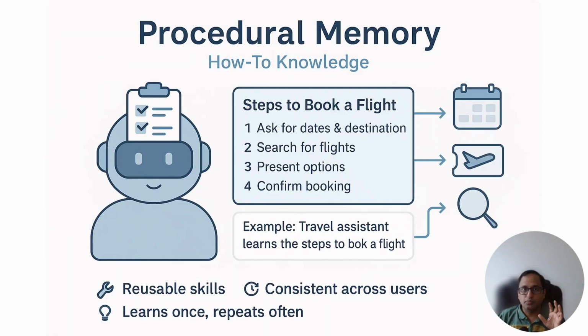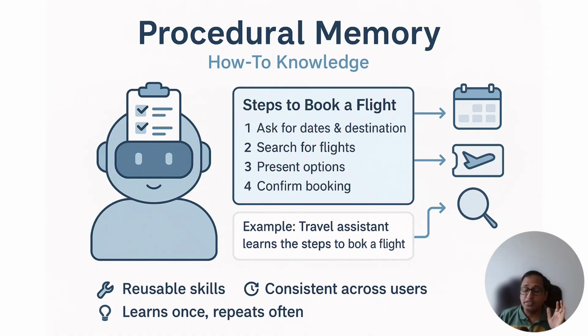Next, let's talk about procedural memory. Procedural memory is what allows an AI agent to remember the steps in a process. Going by the same example of booking a flight, it remembers the sequence of actions. First ask for dates and destinations, then search for available flights, then present the options to the user, and finally confirm the booking.